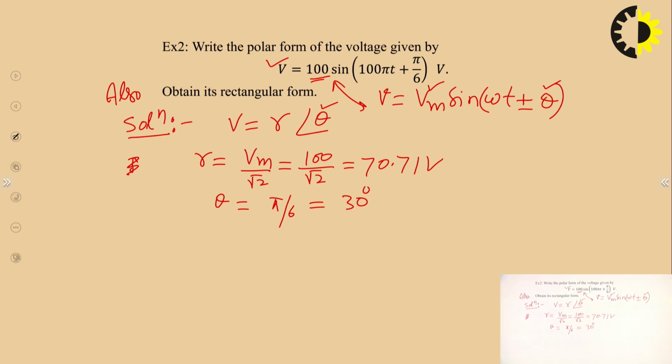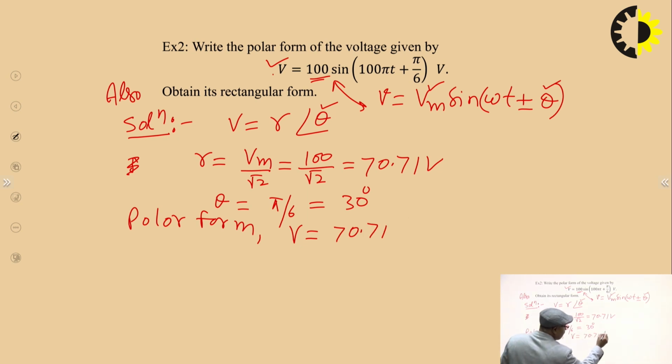So we can write the polar form of the voltage as V equal to the value of R, 70.71, at angle 30 degrees.